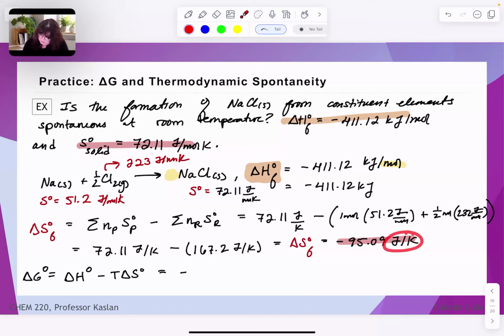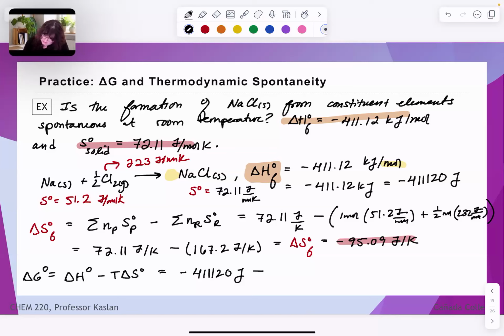This is in joules per Kelvin. This is in kilojoules. So how about I really quickly add some zeros here. Negative 411,120 joules.